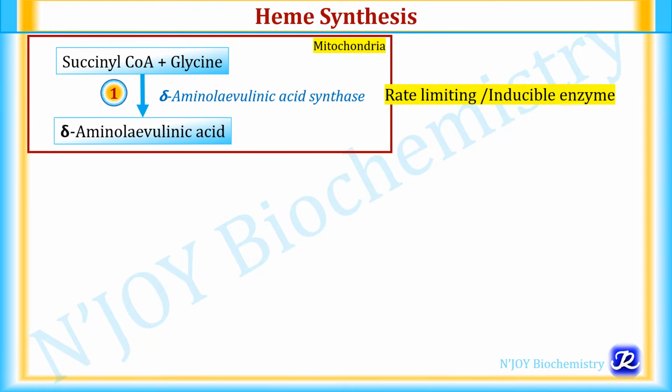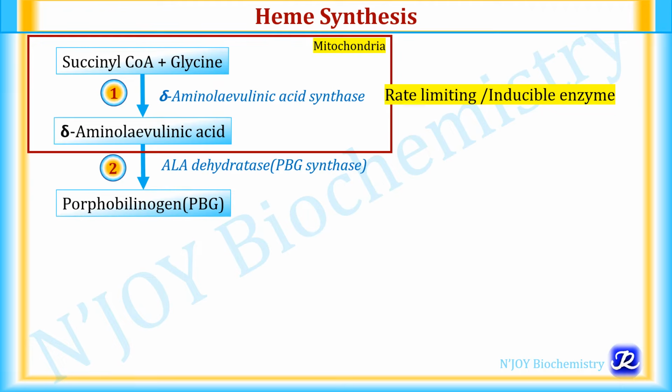Once delta ALA is synthesized, it is transported into the cytosol and then by the action of enzyme ALA dehydratase, two molecules of delta ALA condense together to form porphobilinogen, that is PBG. This enzyme ALA dehydratase is also called PBG synthase.